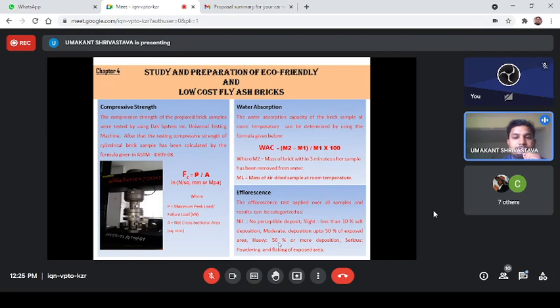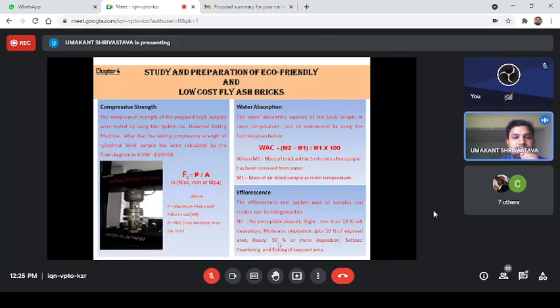If less than 10% salt deposition is there, then it is the slight category. Under the moderate category, the deposition is up to 50% of the exposed area. When 50% or more deposition is there, then the efflorescence is categorized as heavy. And when powdering or flaking of the exposed surface is occurring, then it is serious efflorescence.